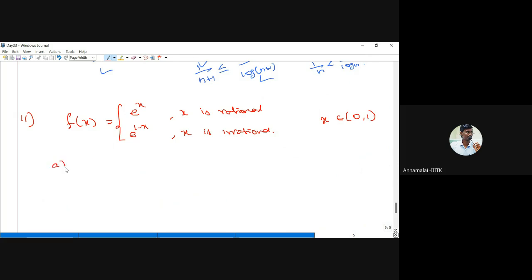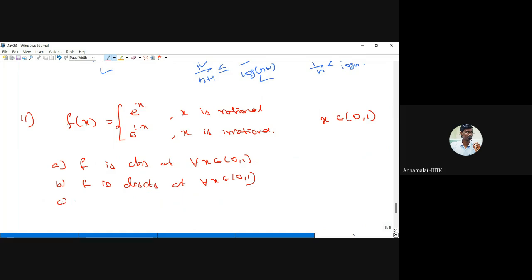Now the first option: f is continuous at every point x in (0, 1). Second, f is discontinuous at every point x in (0, 1).